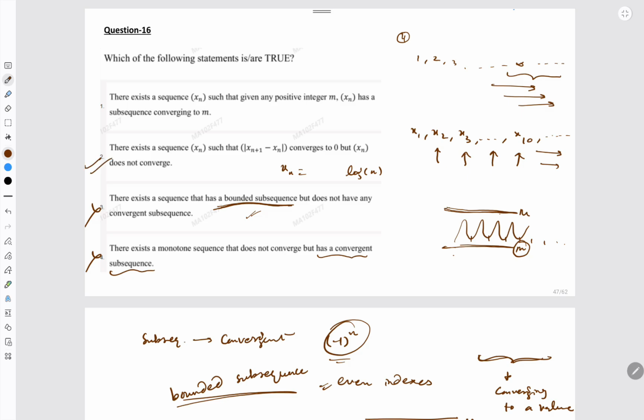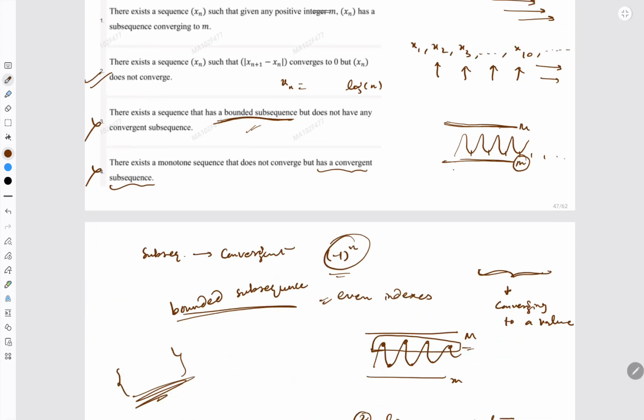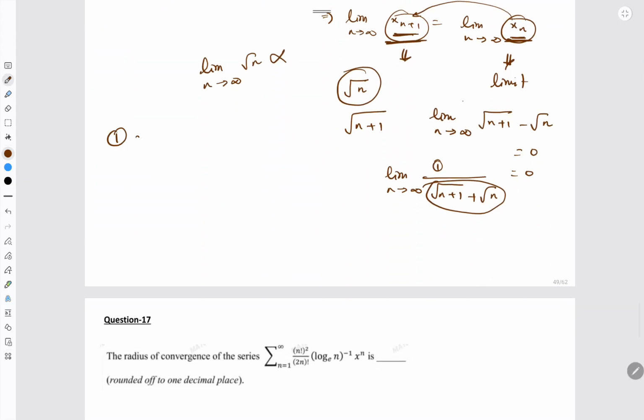Now option 1 is saying there exists a sequence xn such that given any positive integer m, xn has a subsequence converging to m. Okay, let's say I make a sequence xn. Xn is equal to 1 2 3 up to m, then again I'm doing up to m, I'm repeating like that.